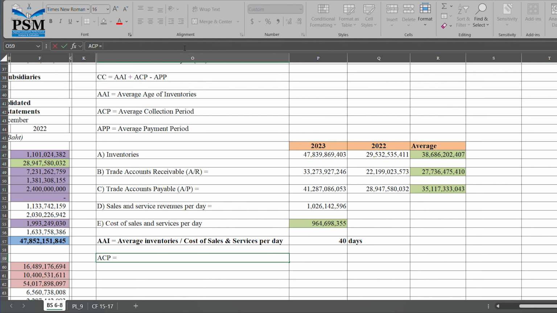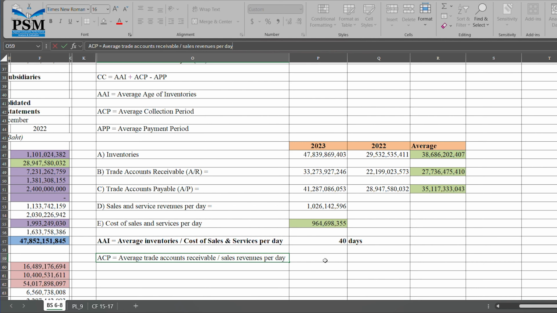That's called ACP, and that is average trade accounts receivable divided by sales revenue per day.